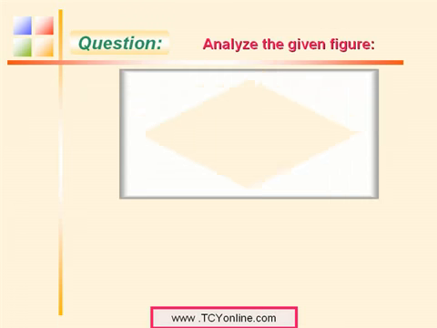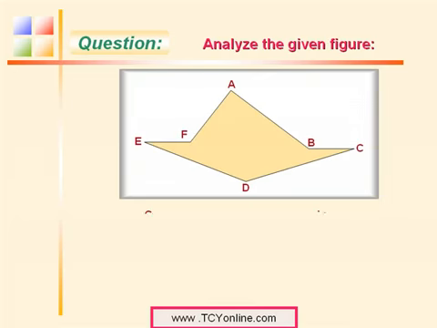Now look at this question. Here you need to analyze the given figure and mark or name any two acute angles in this. Simply when you give a look at this figure, we find that angle DEF is an acute angle because it appears to have measure less than 90 degrees.